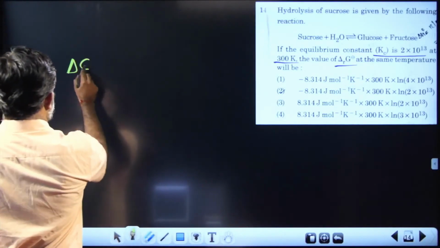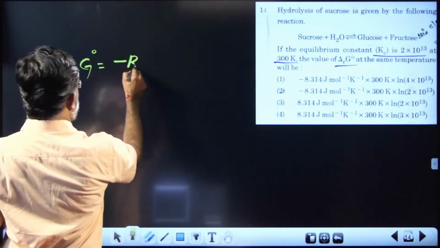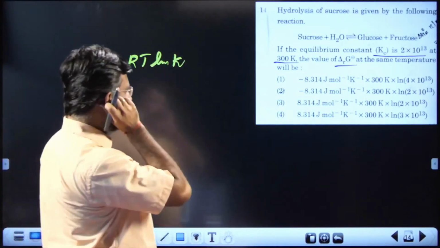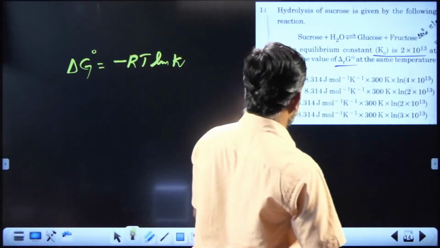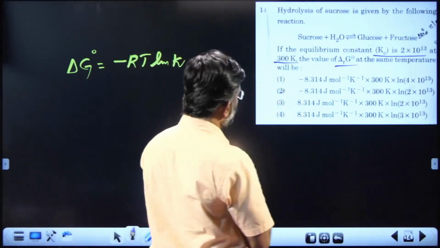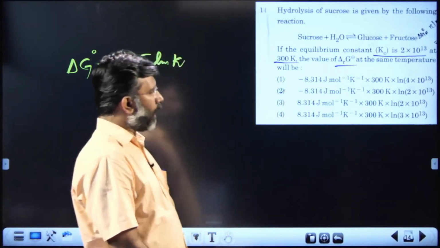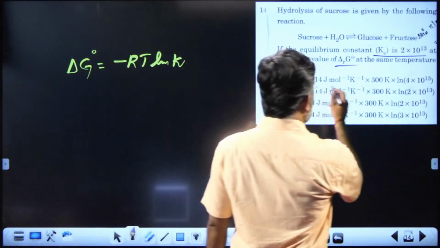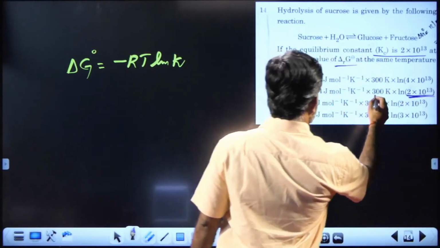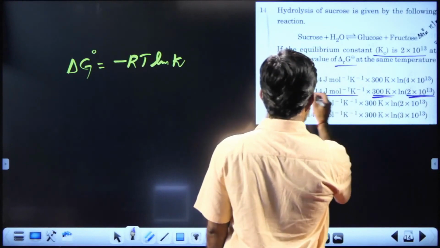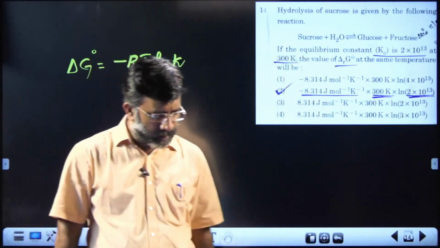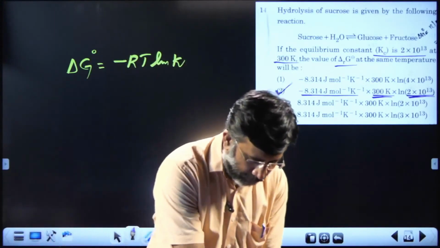You know, delta G naught equals minus RT ln K. So the choice must contain a minus, and 3-4 choices are out. This is the K value, this is the temperature value and this is the R value with a minus. Second choice will be the correct answer.